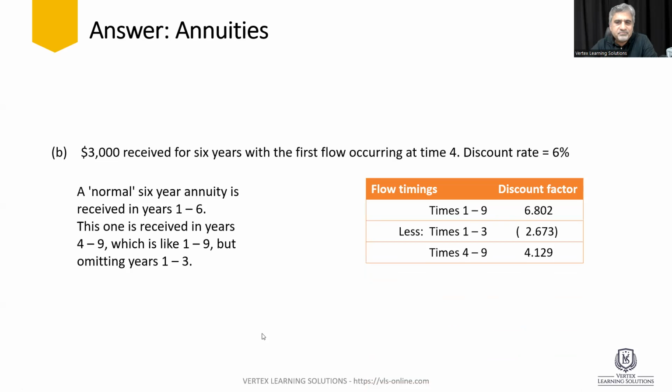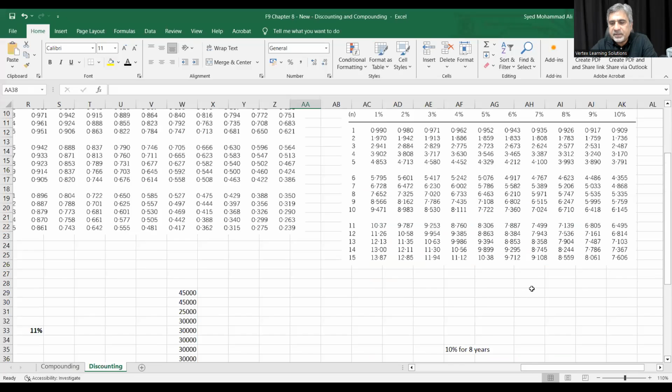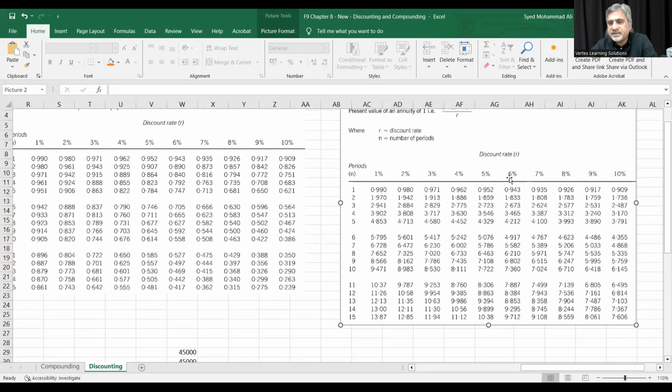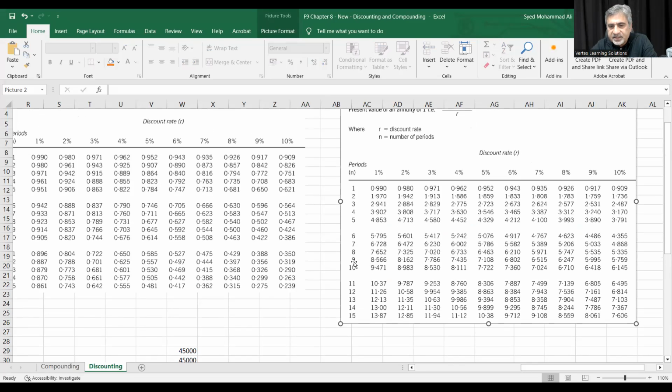Let me show the annuity table. So this is the annuity table, and this is 6%, and this is the 9th year. So you go back here and you see that in year 9, under 6%, it says 6.802.